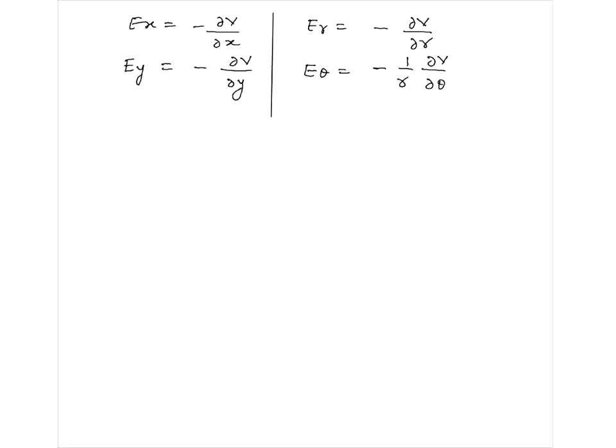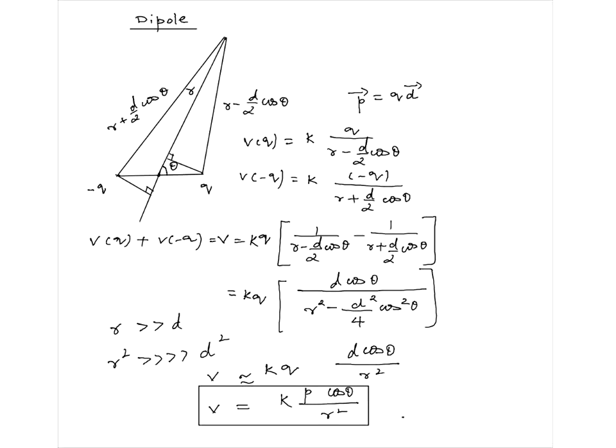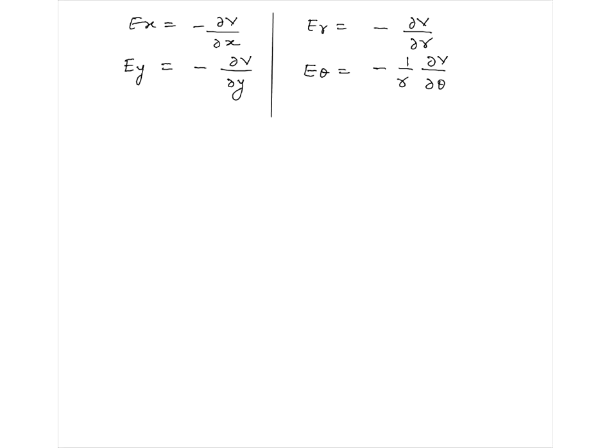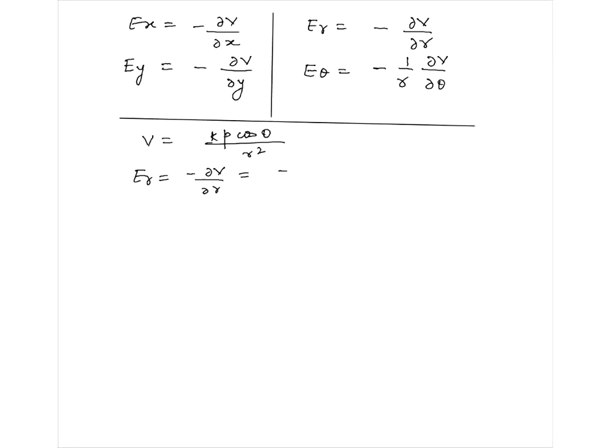Now, A is constant, B is constant. Partial differentiation, right? So cos theta is also constant.